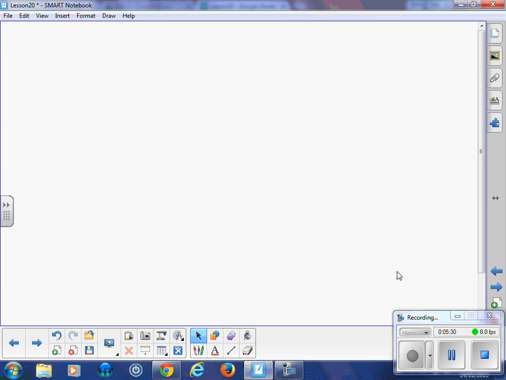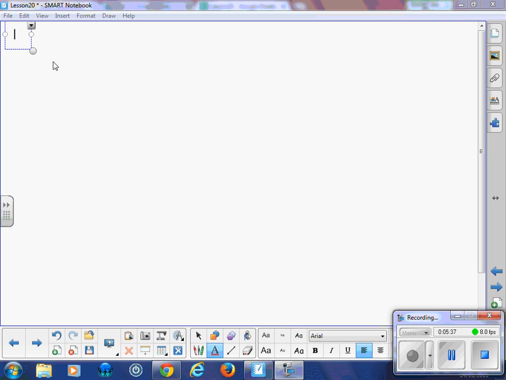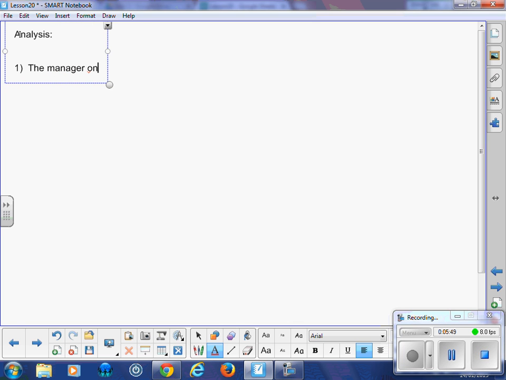So on the next page, I left some blank space. I'm going to put that in. So I'll just put analysis up here. I'm going to add some thoughts as we go. So my first thought here is the manager only used 5 pieces of data out of a population of 30.